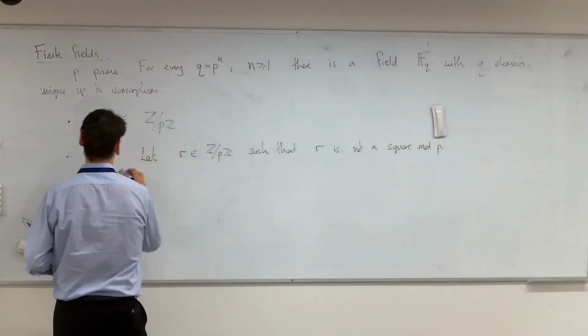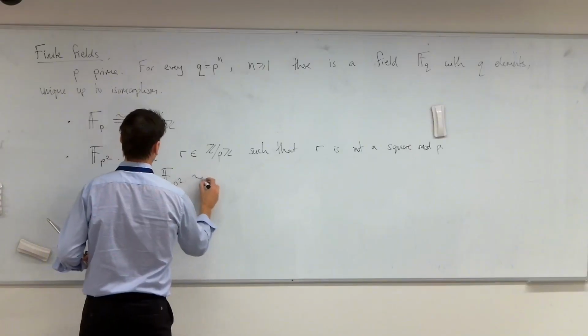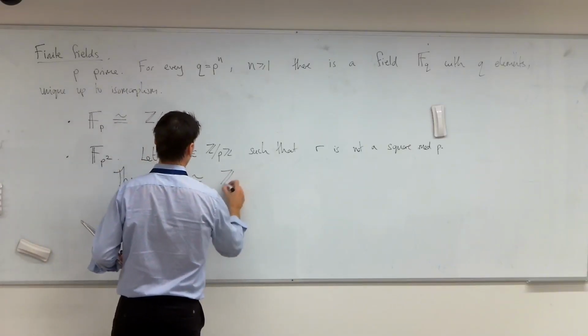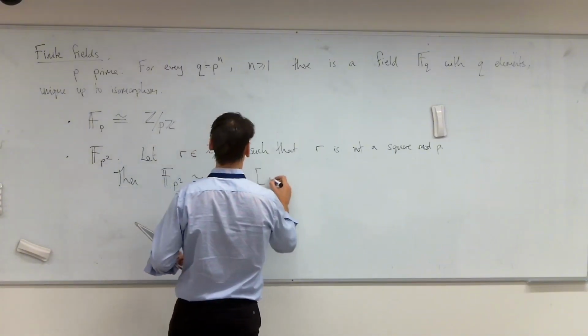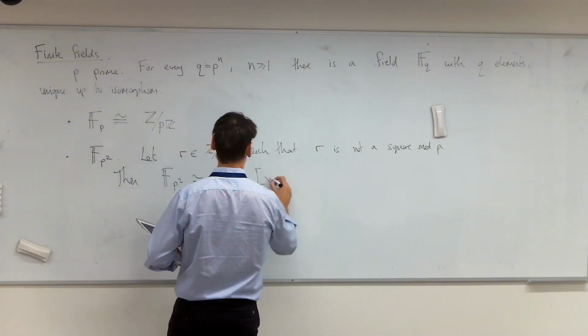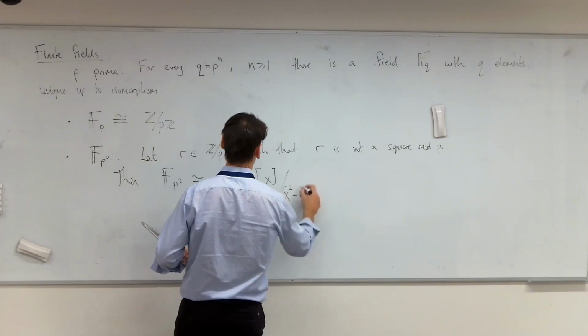Then F_{p^2} you can take as a model: Z mod pZ adjoined x modulo the relation x squared equals r.